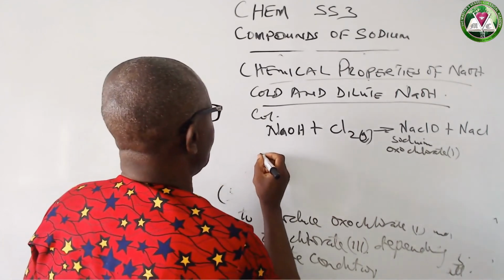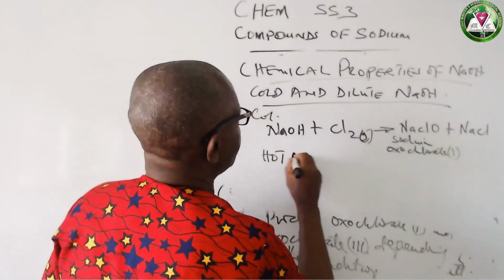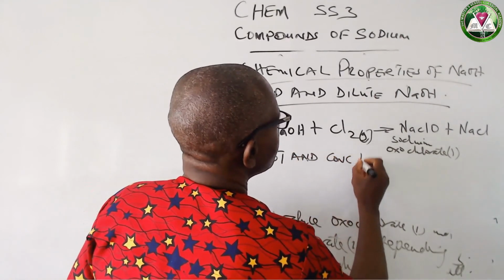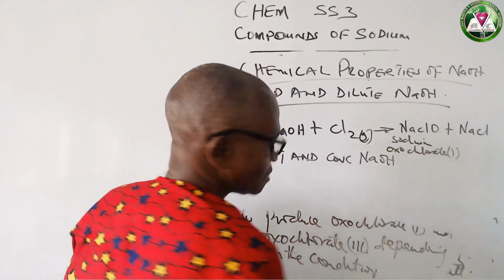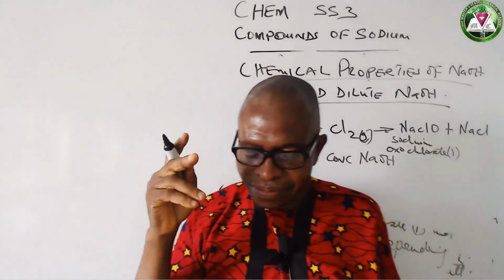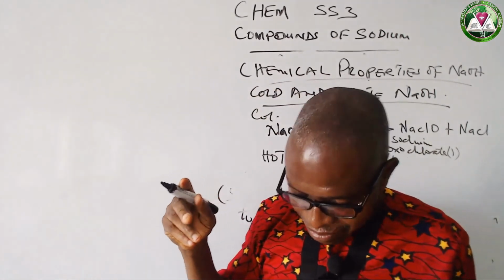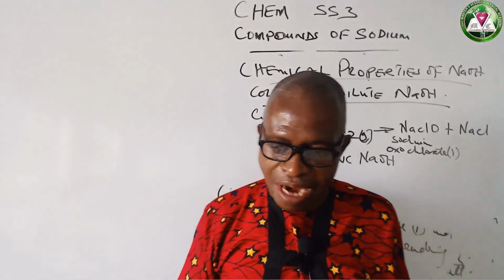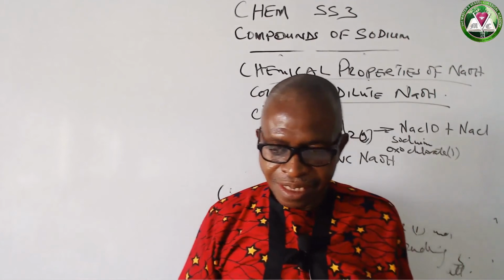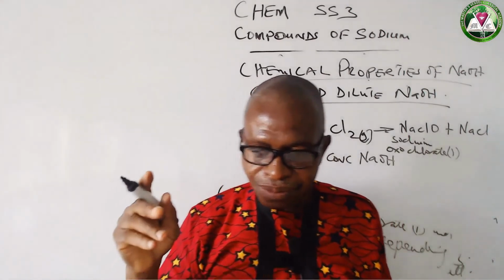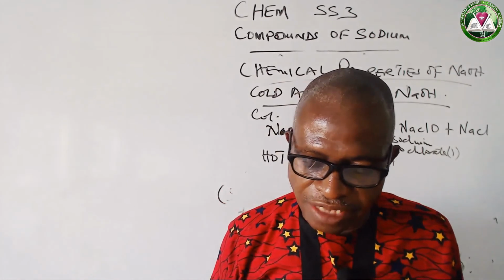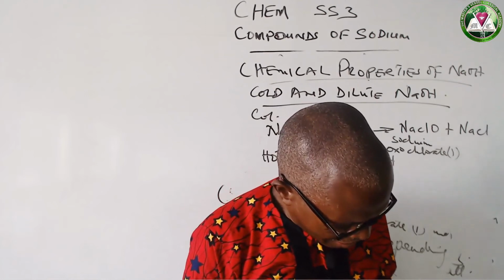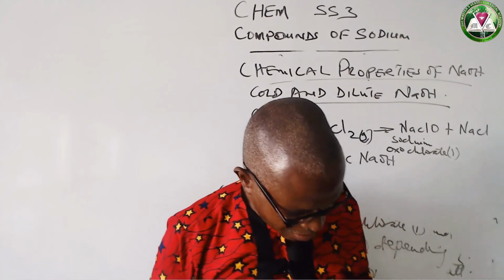The other condition is hot and concentrated sodium hydroxide. If hot concentrated sodium hydroxide reacts with chlorine gas, it will give you sodium trioxochlorate(V), sodium chloride and water.